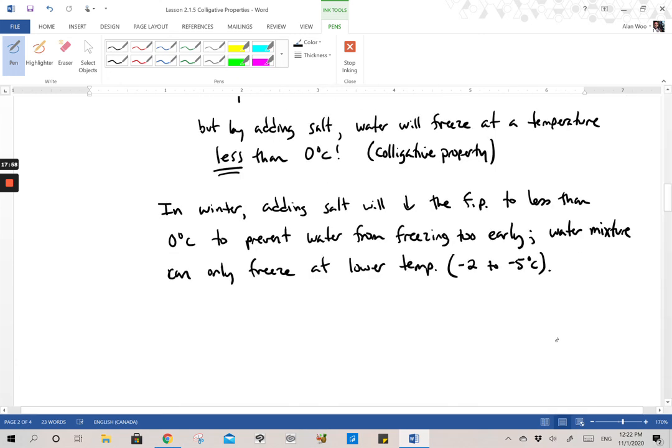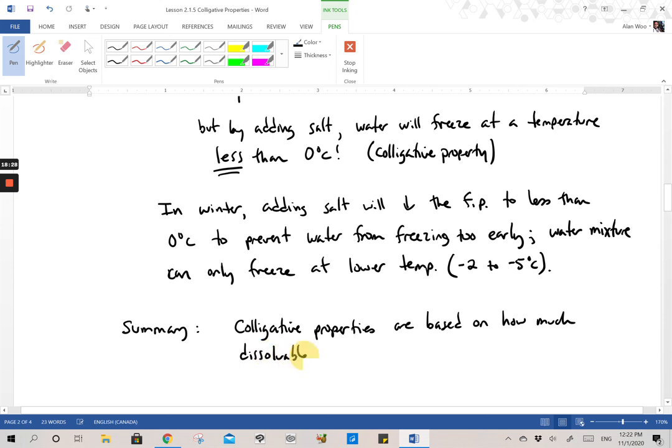To summarize, colligative properties are based on how much dissolvable substance is present in a mixture with a pure liquid.